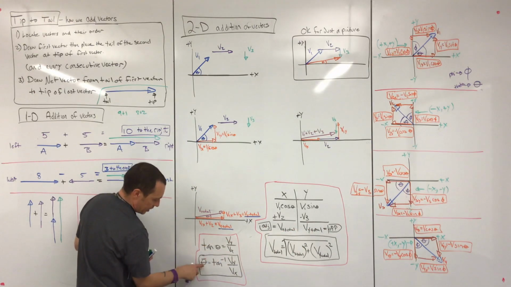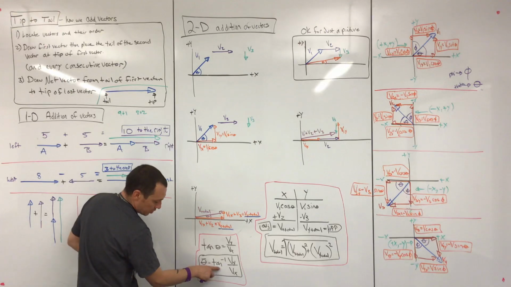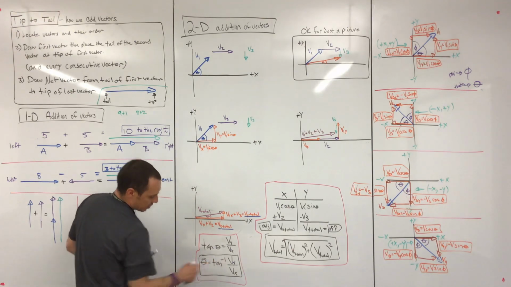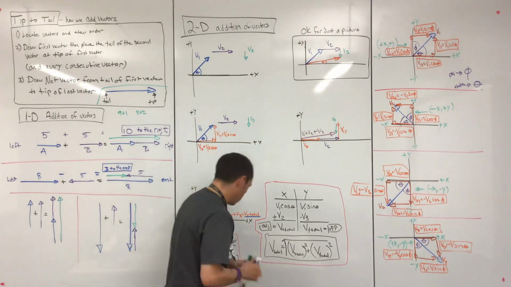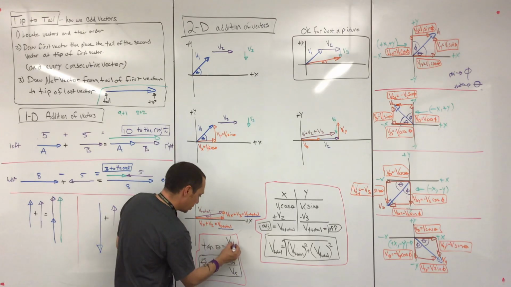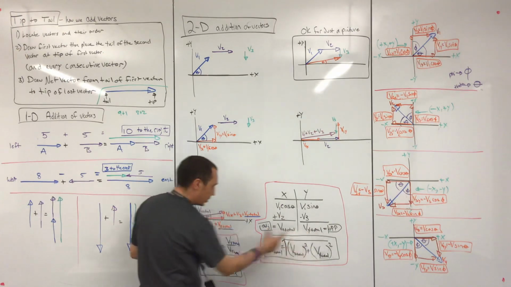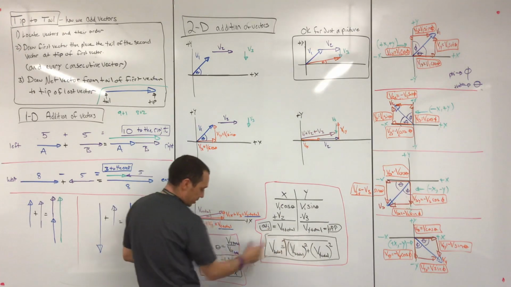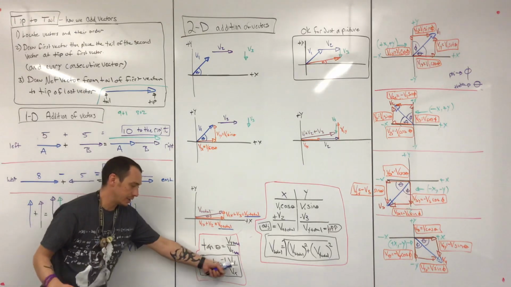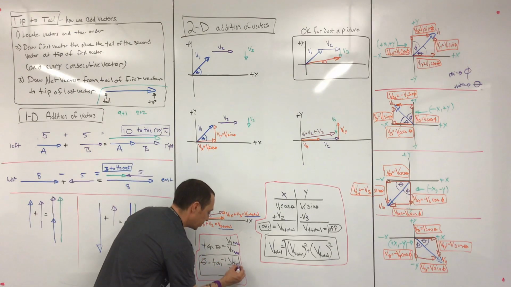Then we solve for theta, where we just do the inverse tangent of vy over vx. This is vy total, keep that in mind, I should have written that, and vx total, the numbers that you got here. So vy total, you'd write in that number, and vx total would go there. And these are also totals.